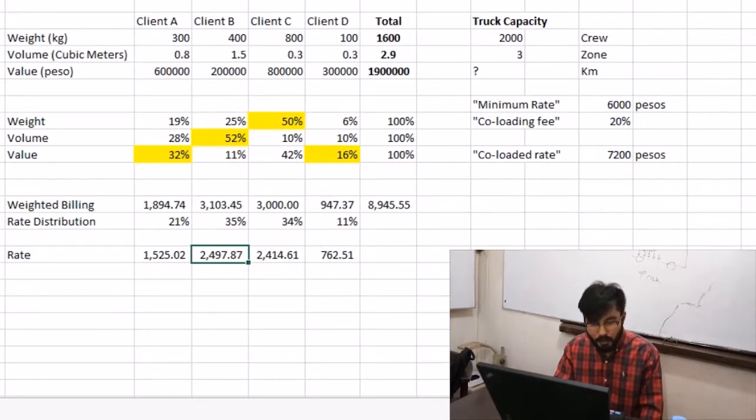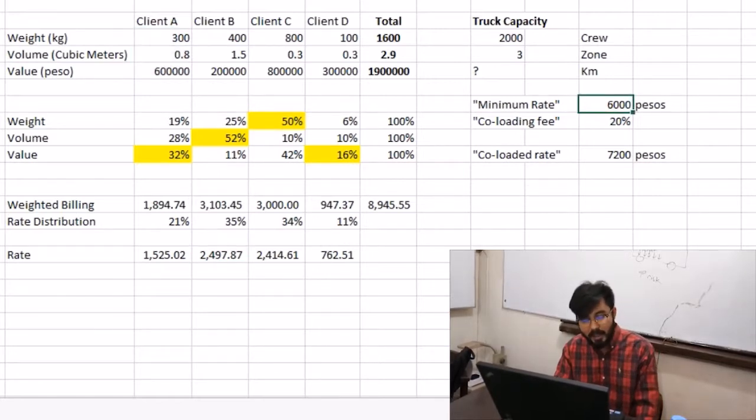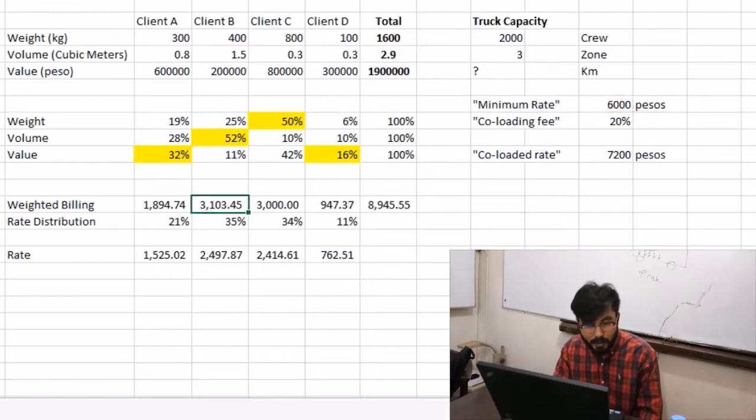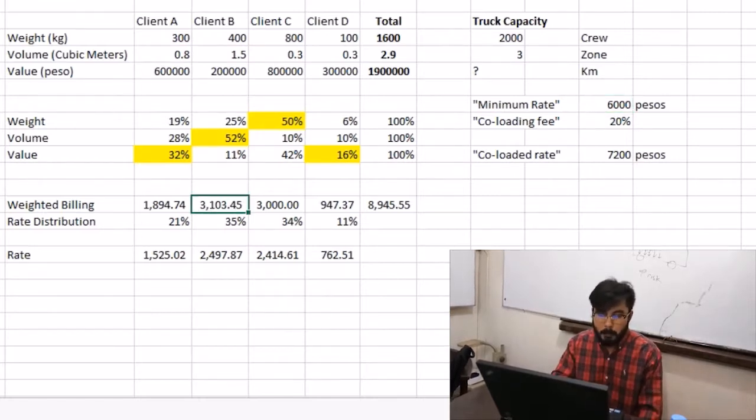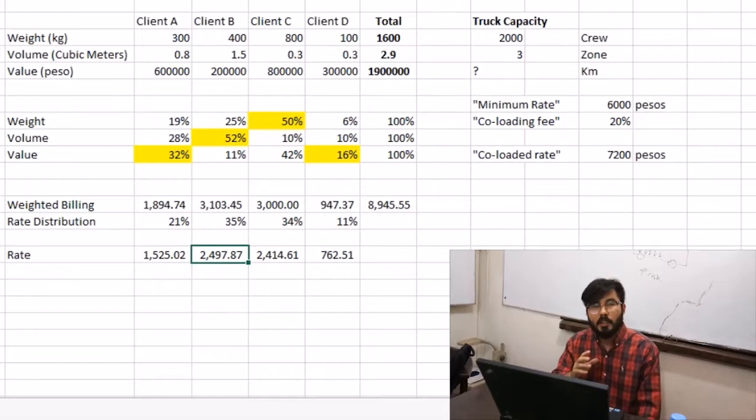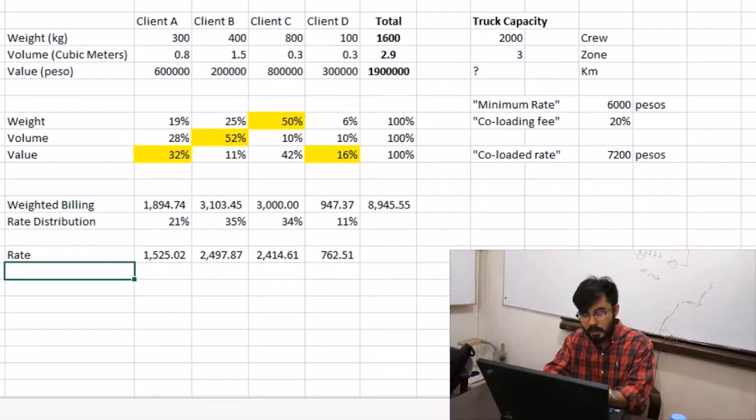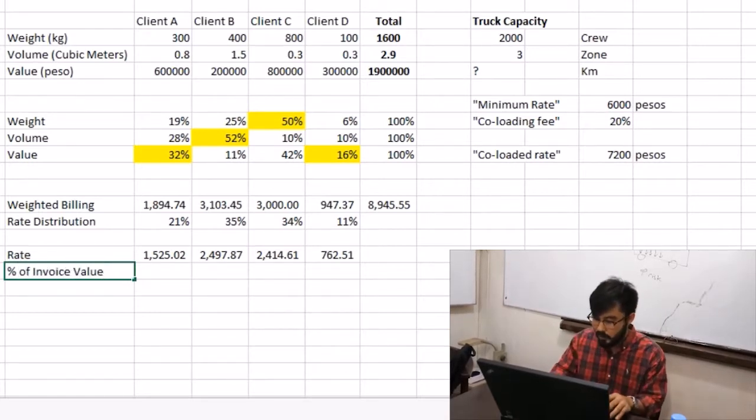For client B, it's 2,000. I mean, instead of the whole minimum rate of 6,000, we saved money already by doing away with double billing. And by using the co-loaded rate, we even save them more because we make it proportional to the cost of the trip.